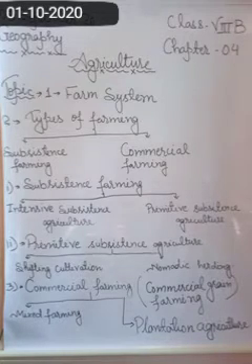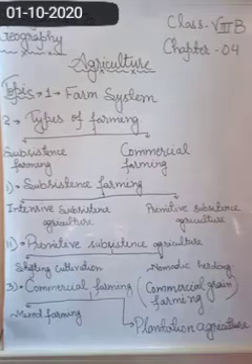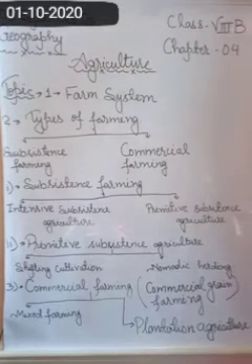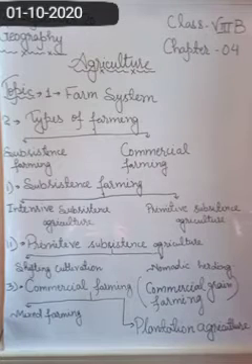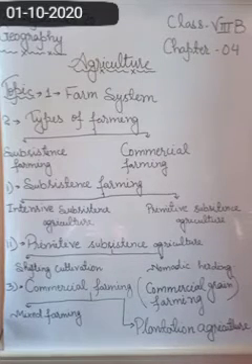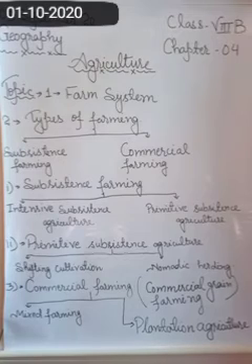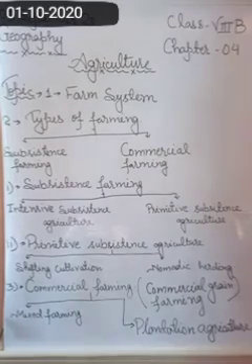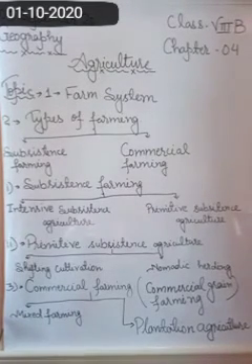After that, your next topic is primitive subsistence agriculture. So students, primitive subsistence agriculture is practiced on small patches of land with the help of primitive or oldest tools, and this type of farming is mostly done in forest cover areas, and the people mostly depend upon the monsoons and the natural fertility of the soil.